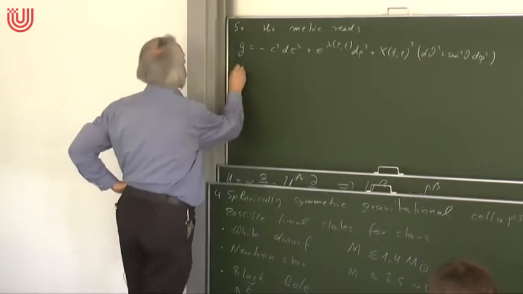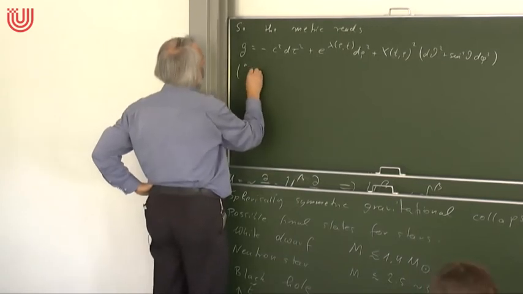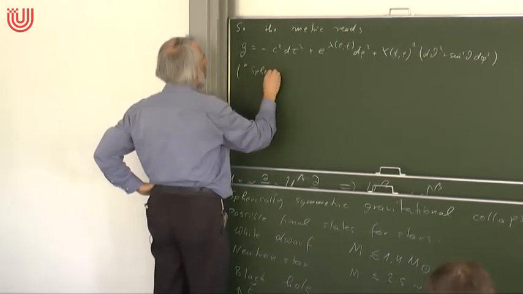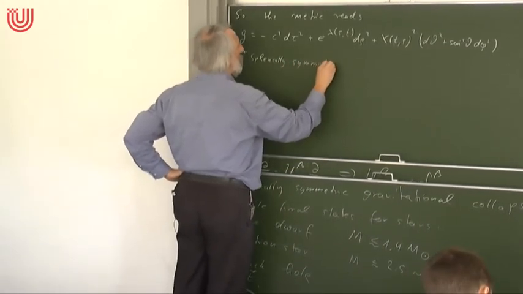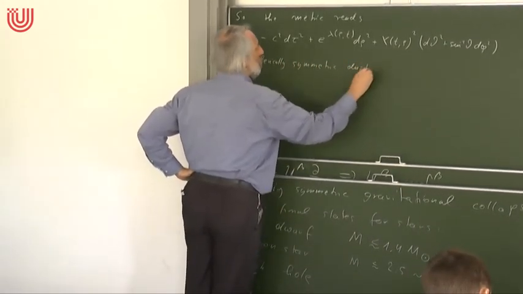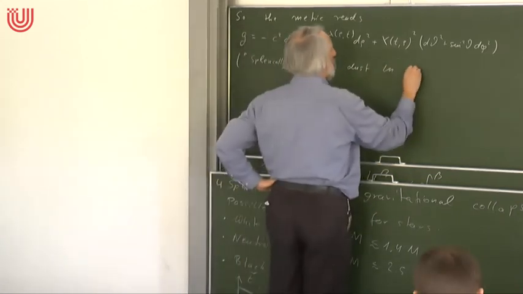So this is what is called spherically symmetric dust in co-moving coordinates.